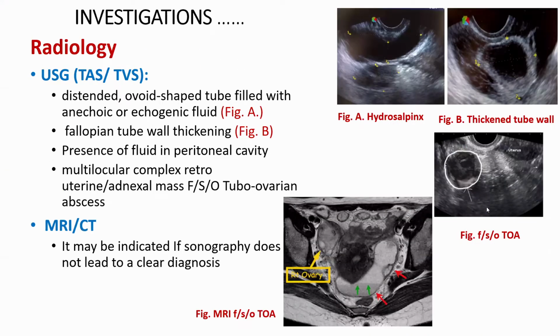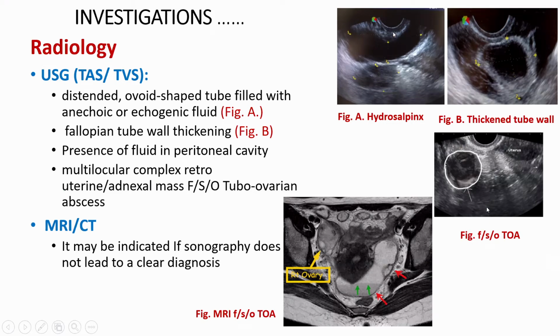Apart from laparoscopy, we can use some radiological techniques to help diagnosis as well. These include ultrasound, which can be transabdominal or transvaginal. You can see there is a grossly distended tube; this is the tube, distended over its length.